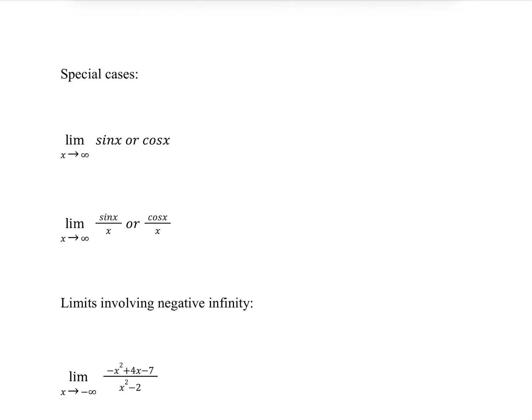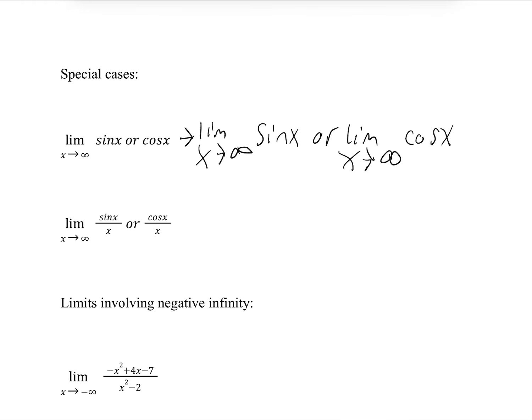Pretty basic so far, not too many tricks. Now we'll look at special cases of these limits. Let's look at trig functions. If we want to do the limit as x goes to infinity of sine of x, or the limit as x goes to infinity of cosine of x, remember these functions oscillate. If I draw the graph of sine here, it'll peak at 1, go down to -1, and then go up again.